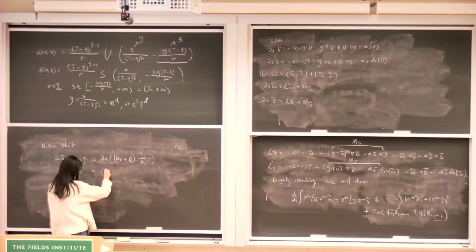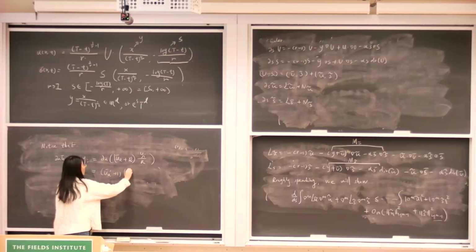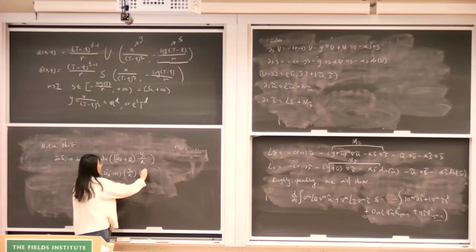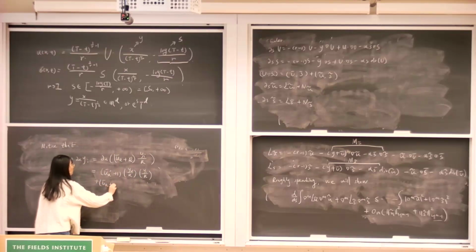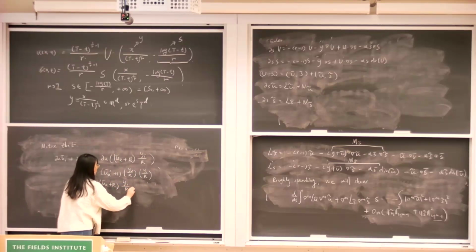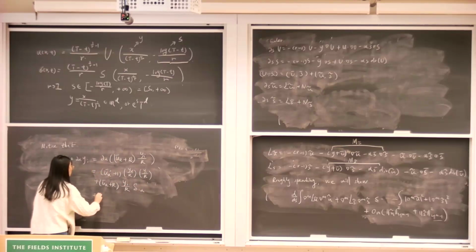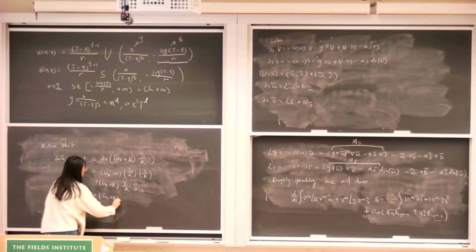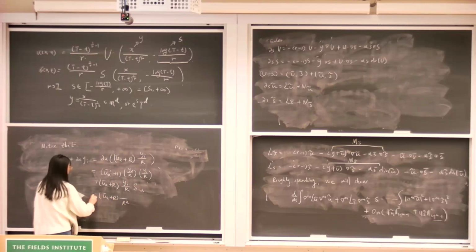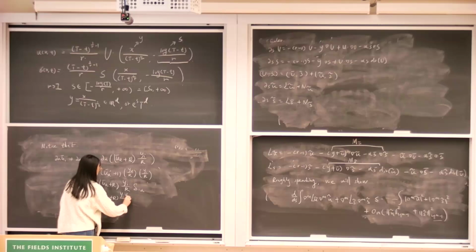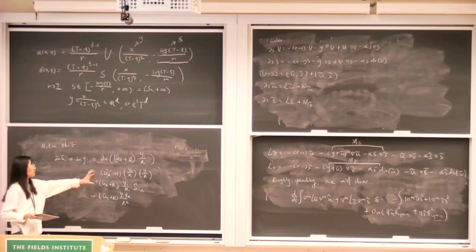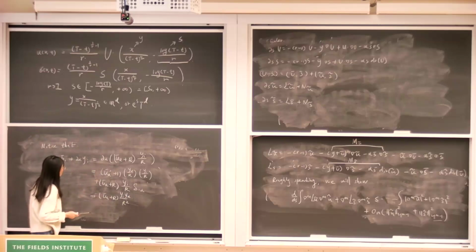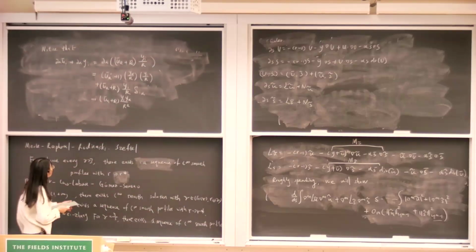You will have UR prime plus 1 when the derivative hits on the first bracket, and you have YR over R, YI over R. So those three terms, and you put everything into the energy estimates to see how it goes.